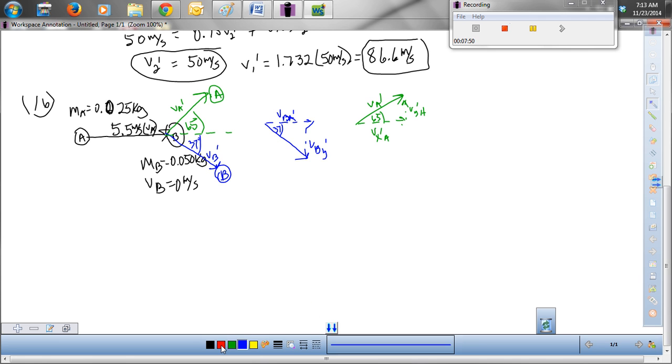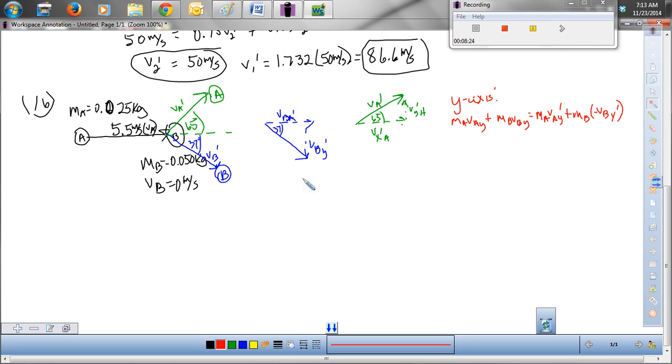Okay. Now, before the collision, nothing is going on in the y-axis. So I'm going to work with that one first, because that gives me a way to represent the two velocities. So I have MA VAy plus MB VBy equals MA VAy prime plus MB negative VBy prime.